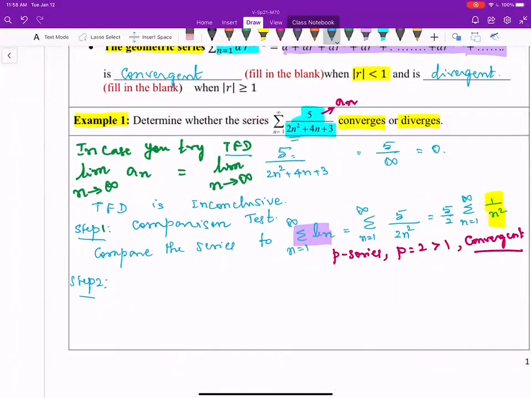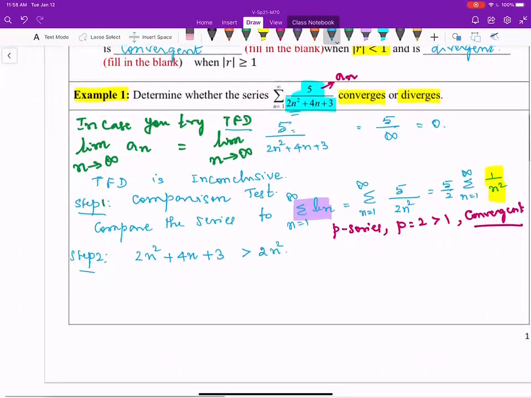So for that, you consider the denominator of the given series sigma an. This 2n squared plus 4n plus 3 is definitely more than 2n squared. So if I take the reciprocal, the inequality will reverse. 1 over 2n squared plus 4n plus 3 will be less than 1 over 2n squared.